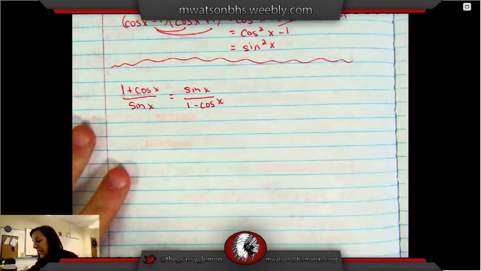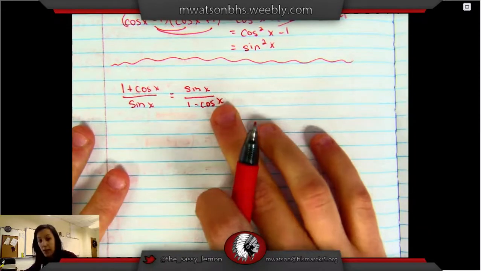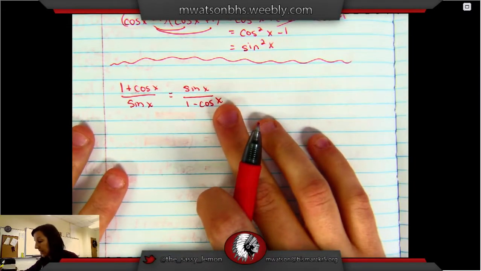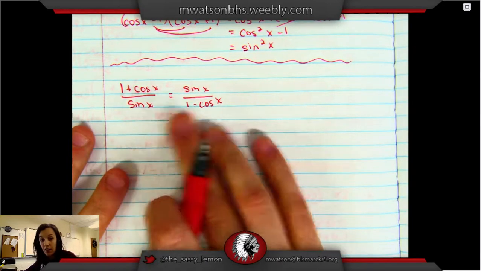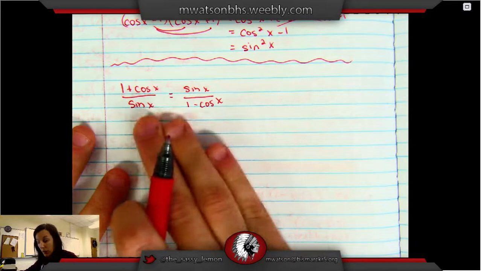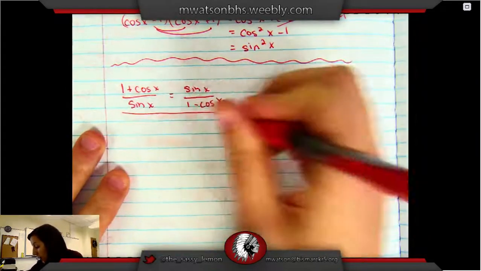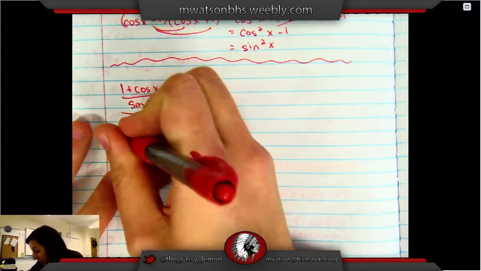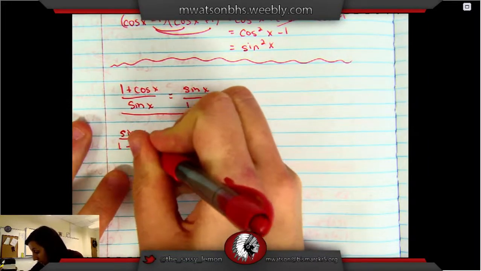In this case, it doesn't matter which one you choose. I'm going to choose the one on the right because when I multiply by the conjugate, it's going to make my denominator look nicer, which is just a personal preference. So I'm going to choose the right side, sine x over 1 minus cosine x.